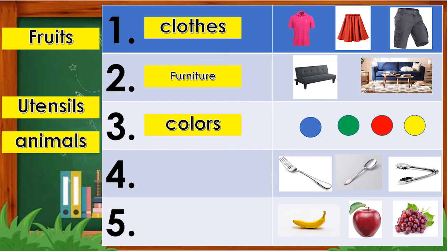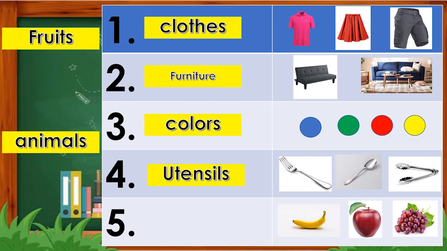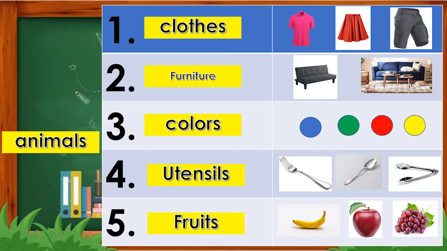Very good. We call this colors. Number 4. They are correct. We call them utensils. And for the last one, number 5, the answer is fruit. Very good. Good job, everybody.